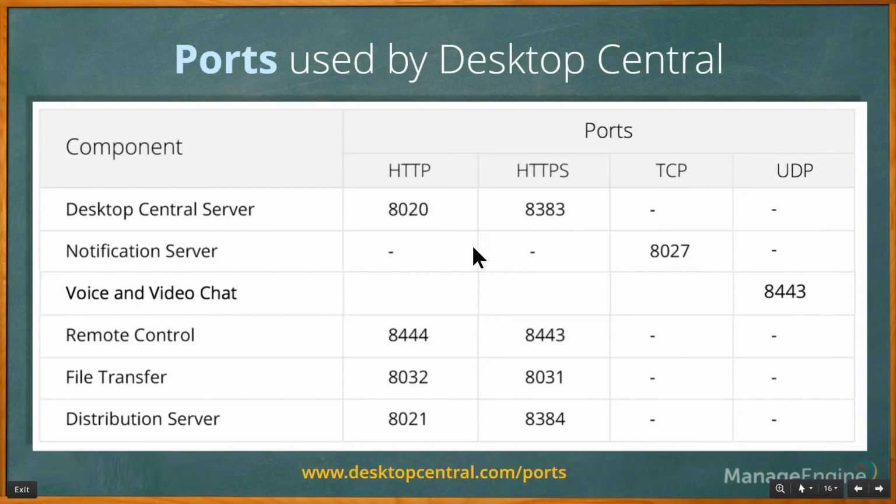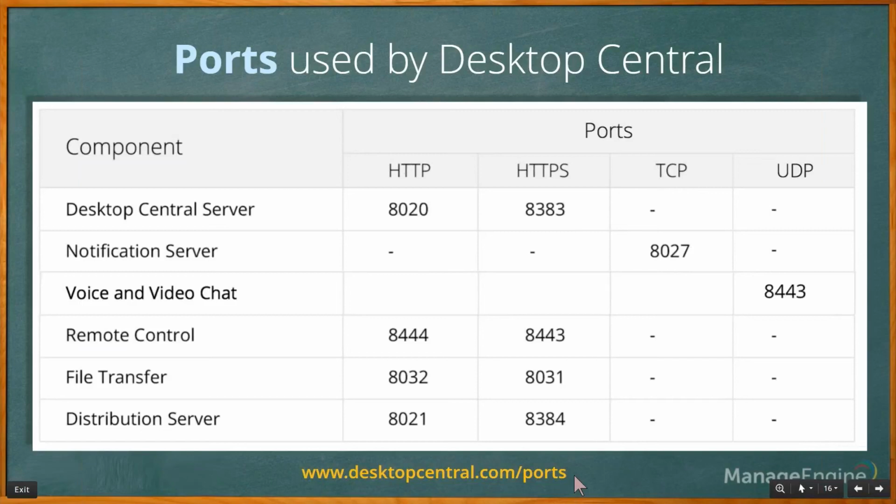Likewise, server to agent notification happens on TCP port 8027. Even agent server communication can be made to happen securely on port 8383, which is the HTTPS secure port. To know more about these ports, you can visit this website, desktopcentral.com/ports, where you'll have the details.